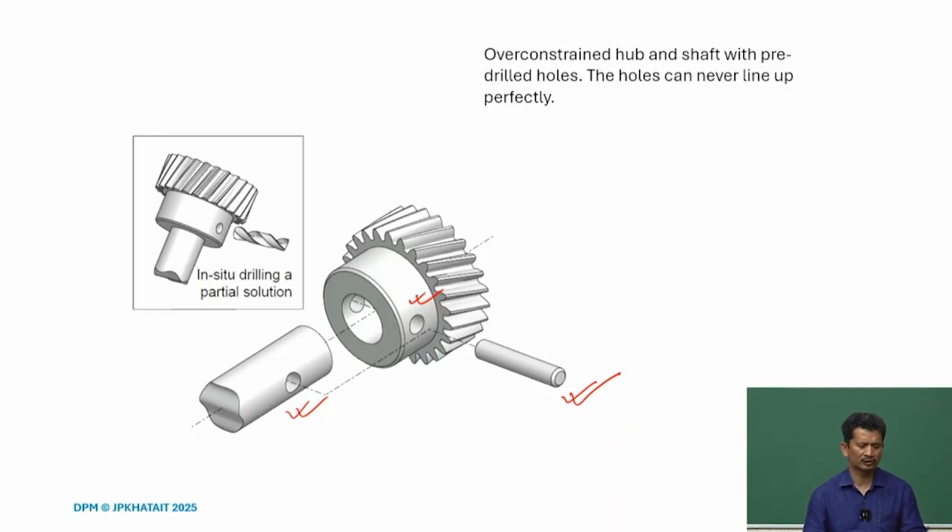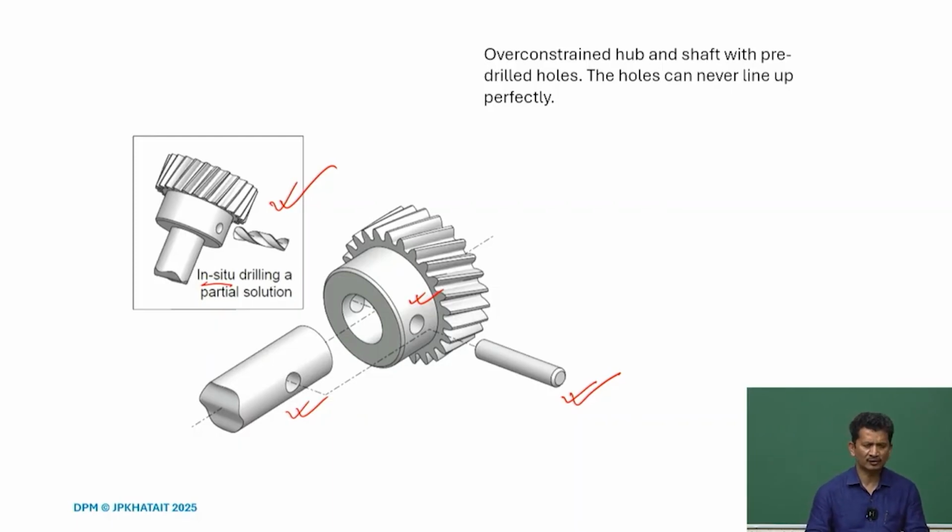Of course, another trade-off is that we can have a clearance and find some way. Another way is that we first do the assembly and then do the in situ drilling. Once it is assembled, we drill, make the hole, and then insert the pin.